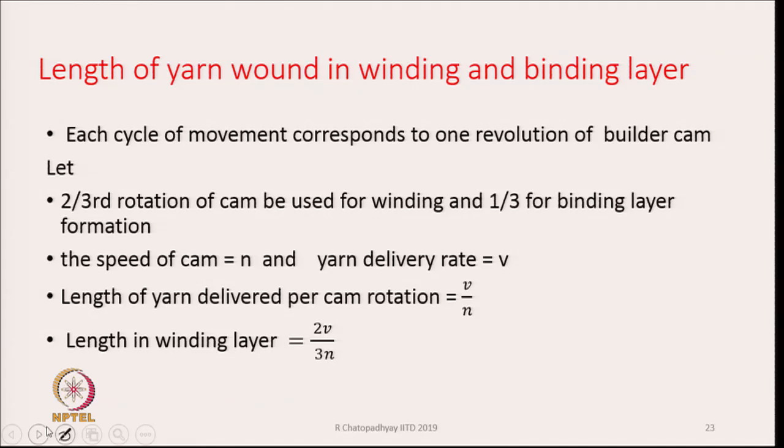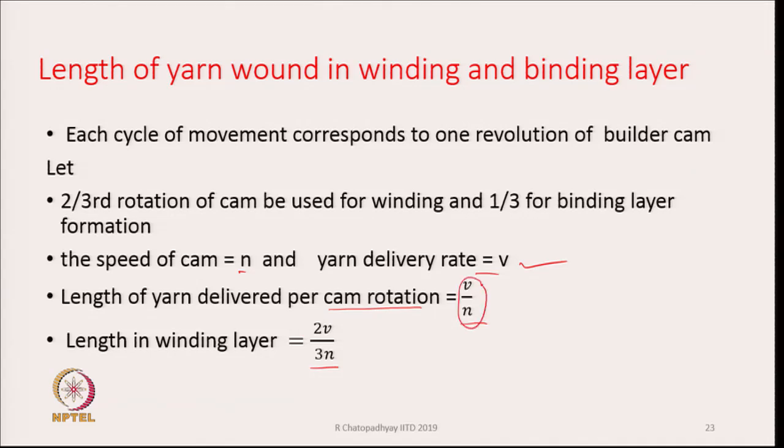If the speed of the cam is n and yarn delivery rate is v, the length of yarn delivered per cam rotation is going to be v by n. So, length in winding layer is going to be how much, 2/3 into v by n, because in one revolution of the cam this much is wound.